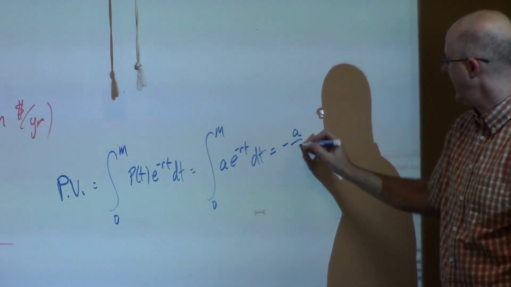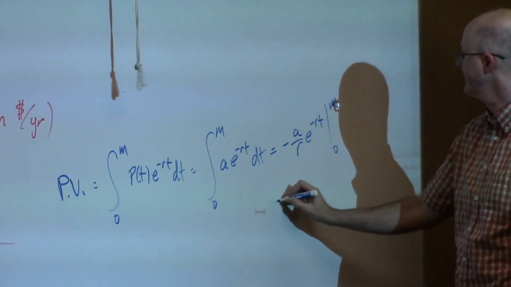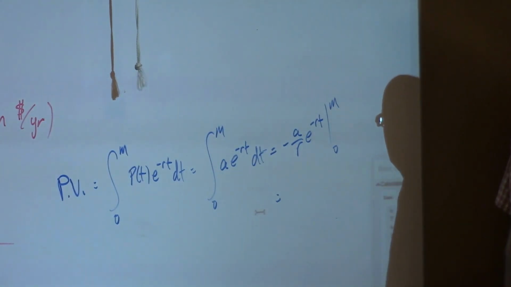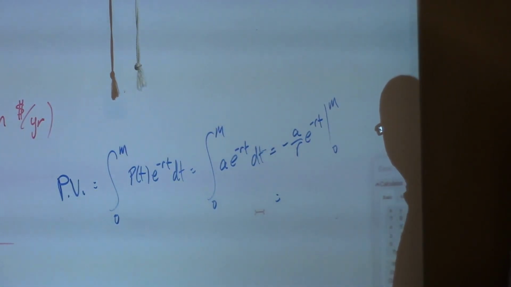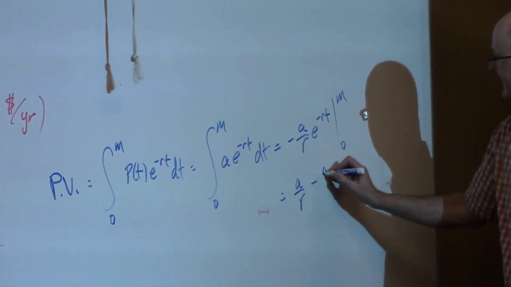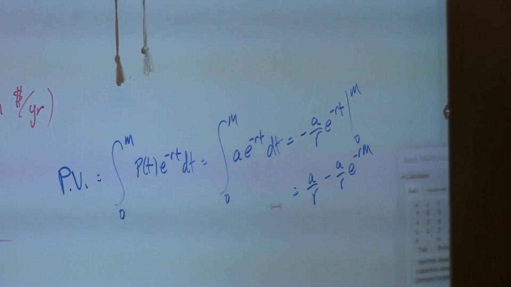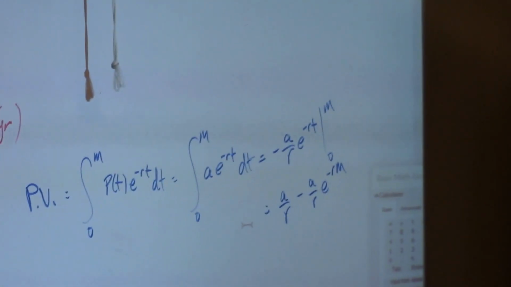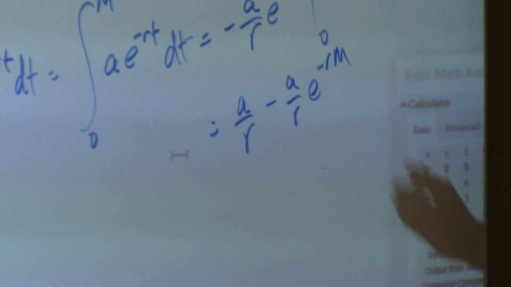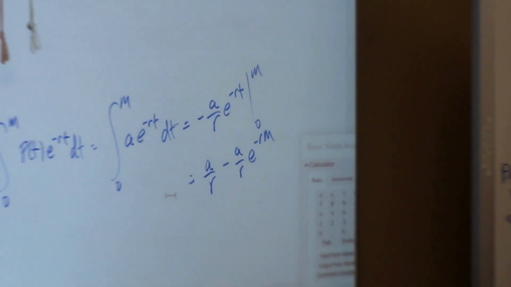The antiderivative is going to be negative A over r e to the negative rt, evaluated from 0 to m. If you plug those numbers in and subtract and simplify appropriately, you get A over r minus A over r e to the negative r m power upon simplification. You can factor out the A over r if you like as well. That will be what the present value is.